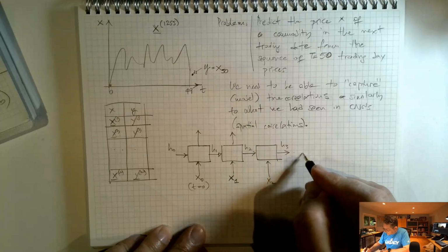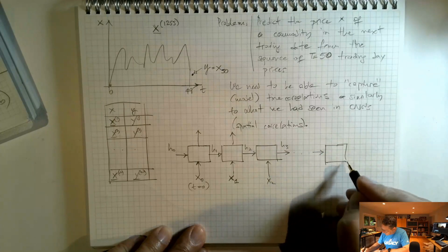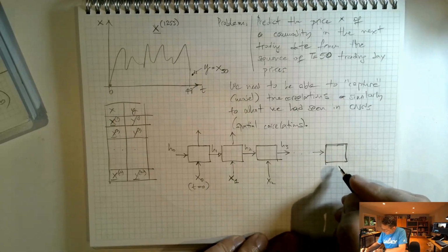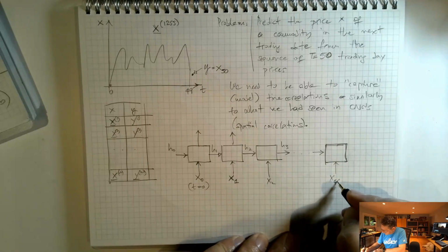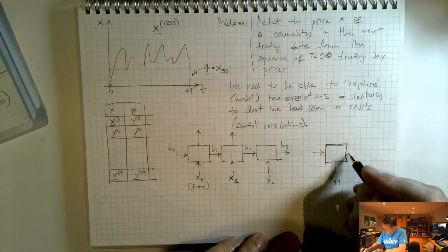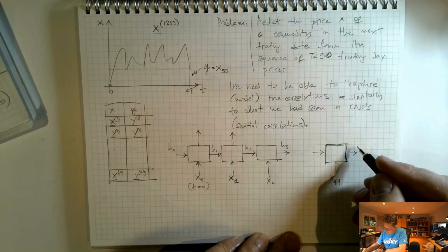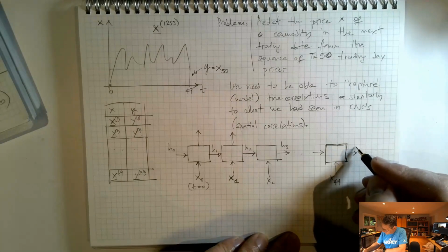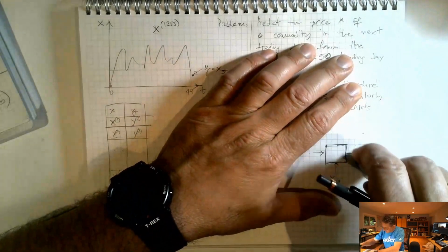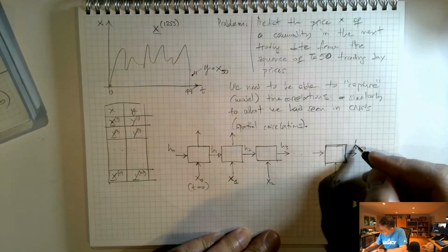So after a number of steps, we arrive at the point in time where x50 is going to be fed in. So h50 is going to be the hidden state.